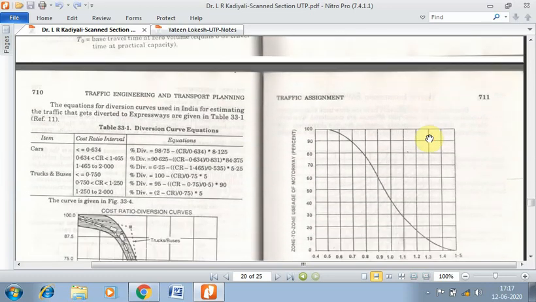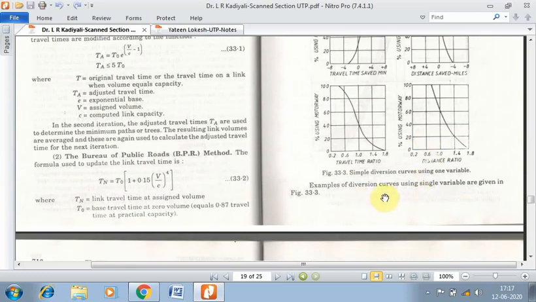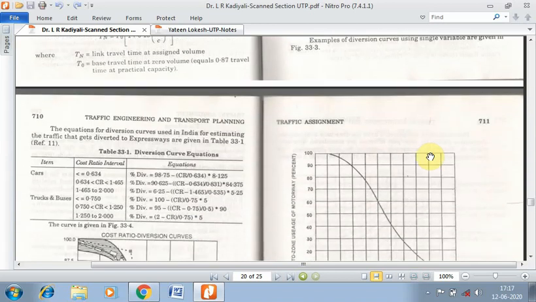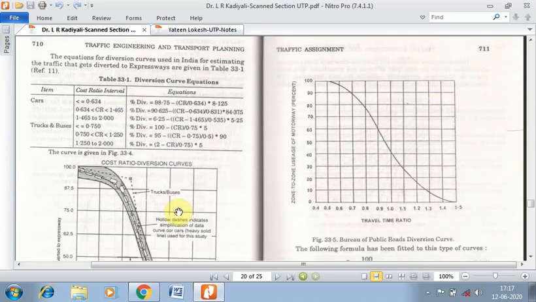Now, based on these diversion curves, there can be either a single variable or multiple variables. The equations for the diversion curves that are used in India to estimate the traffic that gets diverted to the new facility are shown here in this chart.